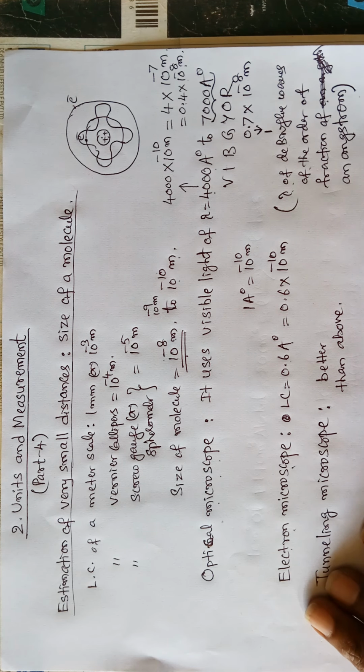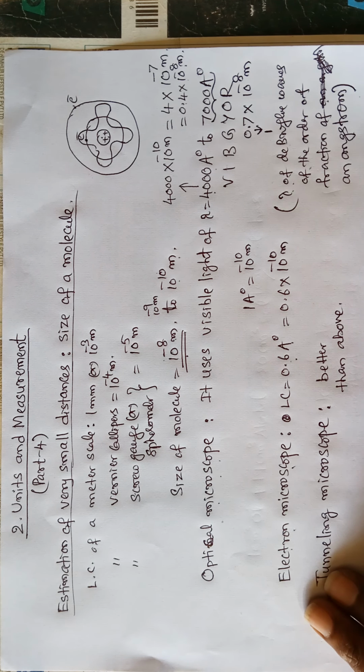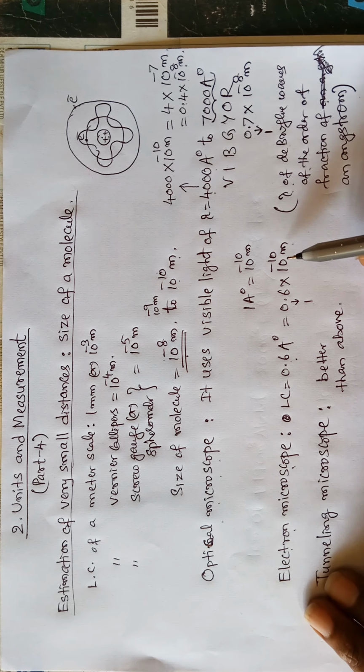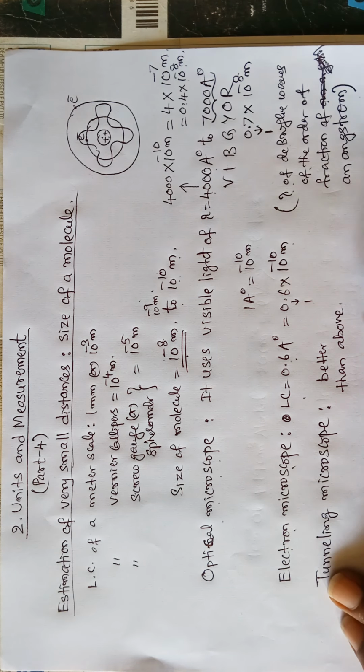It means up to 0.6 angstroms it can measure. 0.6 angstrom means 0.6 into 10 to the power of minus 10 meter. 0.6 is nearer to 1. So at least it can measure 10 power minus 9 meters. So there is an improvement compared to the optical microscope.